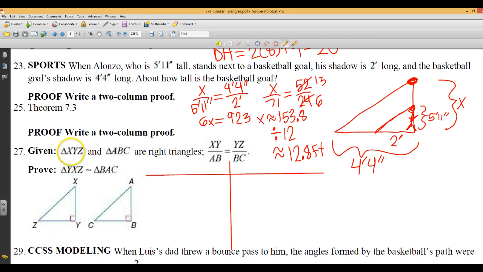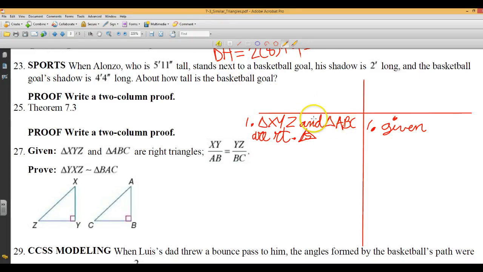So we would state first off that triangle XYZ and ABC are right triangles. And I think I'm going to run out of room here, so let me fix this. So we know that triangle XYZ and ABC are right triangles, and that is given. Therefore, if they are right triangles, angles Y and B are right angles. And that's by definition of a right triangle.